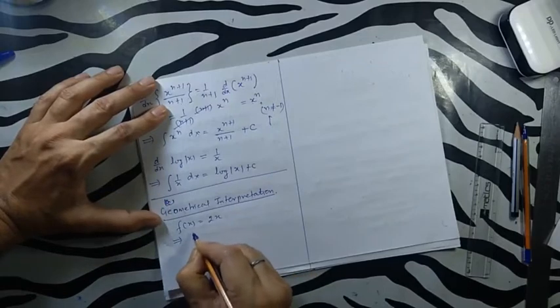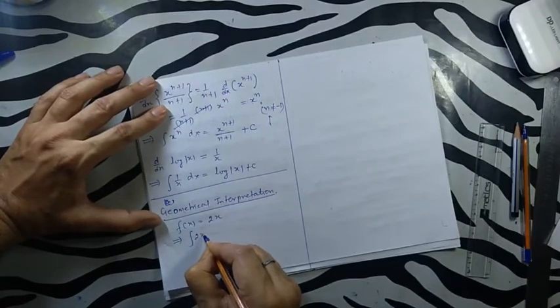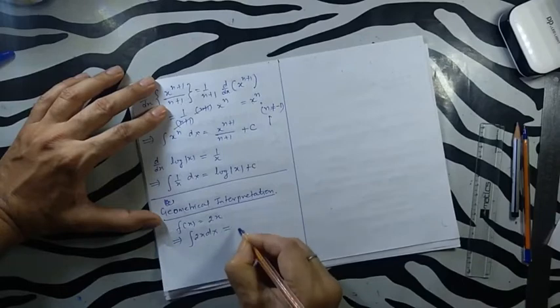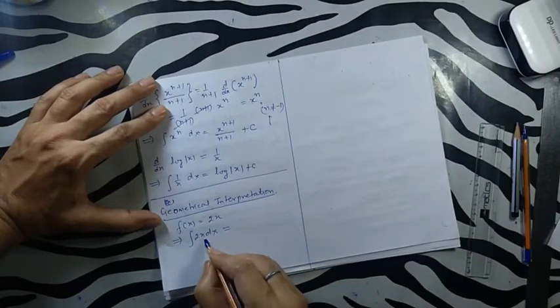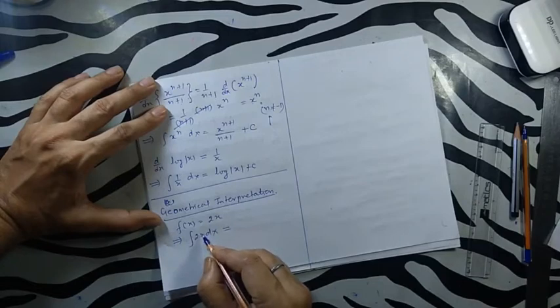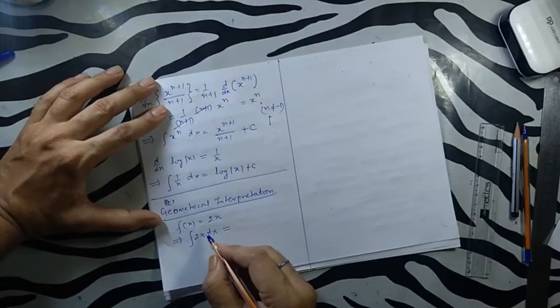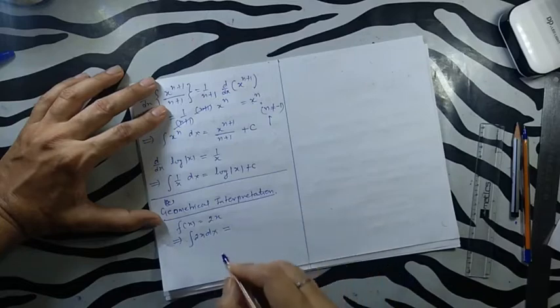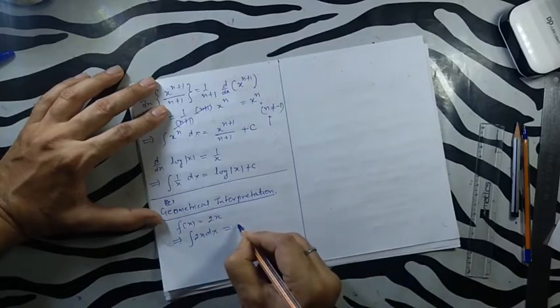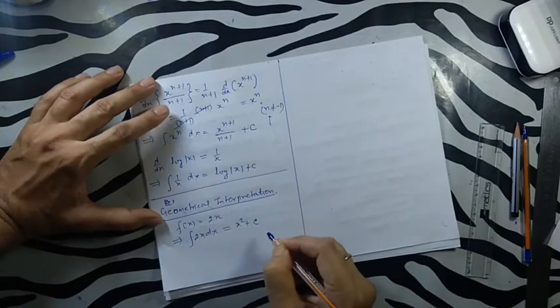So what we can write, integration of 2x dx, that is 2 outside, integration of x dx is x raised to power n plus 1 upon n plus 1. So it becomes x square by 2 to cancel out. So it is x square plus any constant of integration.